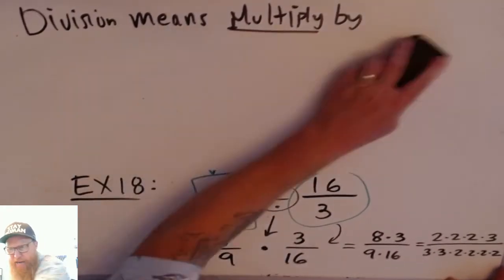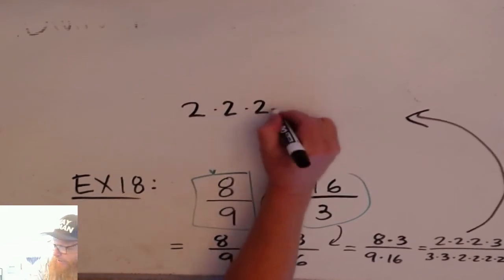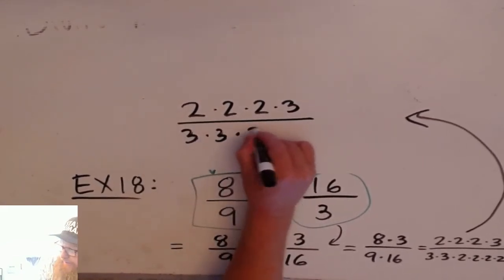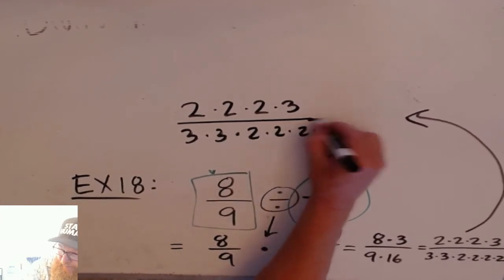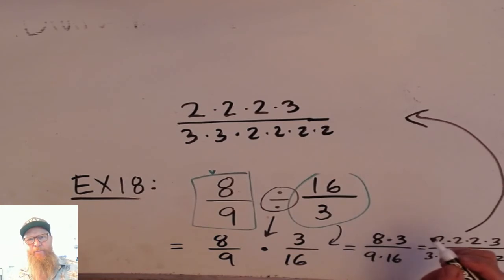This is getting really messy here, so I'm going to come up here. So I've got 2 times 2 times 2 times 3, and 3 times 3 times 2 times 2 times 2 times 2. I'm just bringing it up here so you can see better.